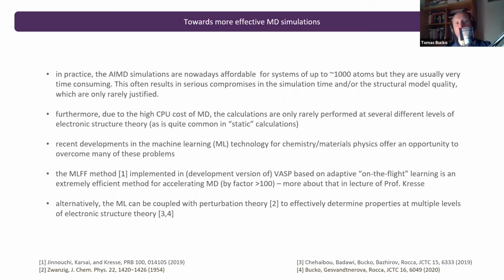Furthermore, due to the high CPU time cost of molecular dynamics, the calculations are only rarely performed at different levels of theory, as is quite common in the case of static calculations, where very often people perform simulations in series for different levels of theory and identify the method that works best for their problem at hand.